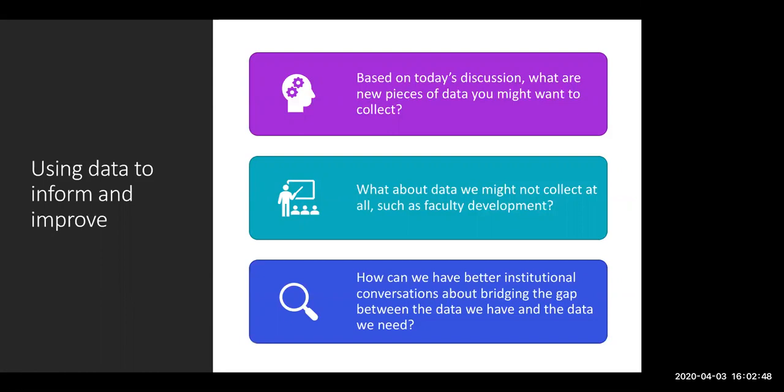Those are things that we typically don't collect, or it could be student feedback data. Or how can we even have better institutional conversations about bridging the gap between the data that we have, the data that we need, and really thinking about interpreting it thoughtfully? So go ahead and please do type in the chat, what are you thinking about right now? What are some new pieces of data you might want to collect?